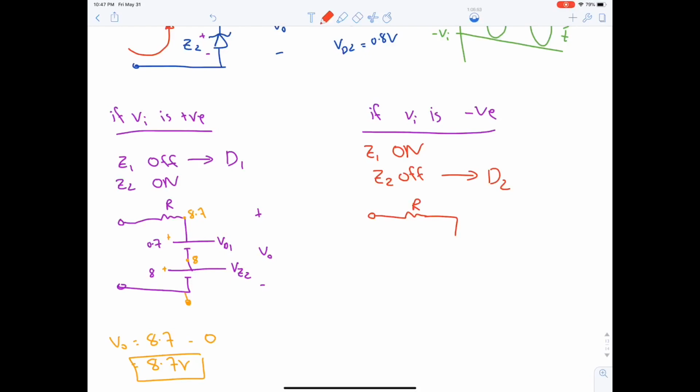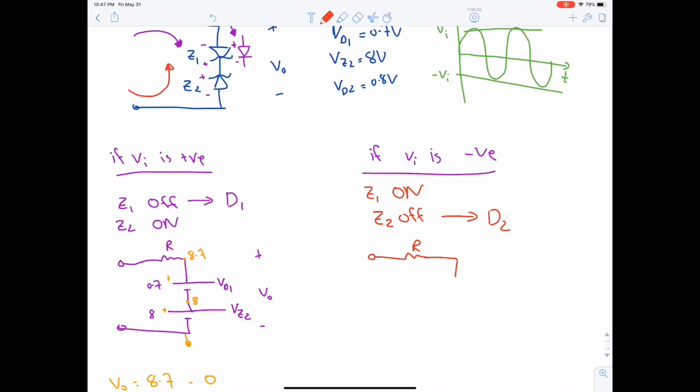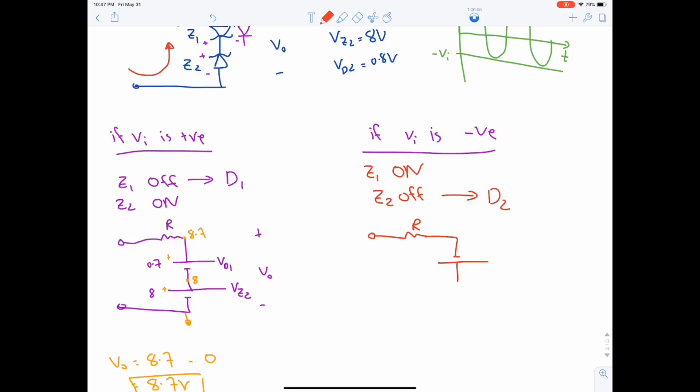This will be a Zener where negative is upwards and the positive is downwards, and the diode D2 will be in the same direction as Z2, so positive is downwards and negative is upwards.